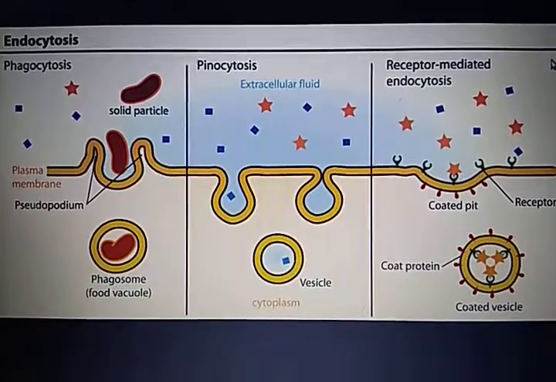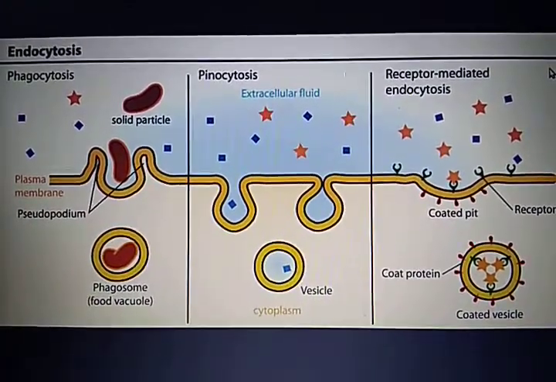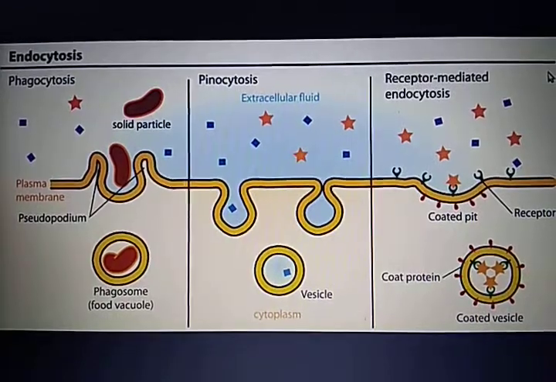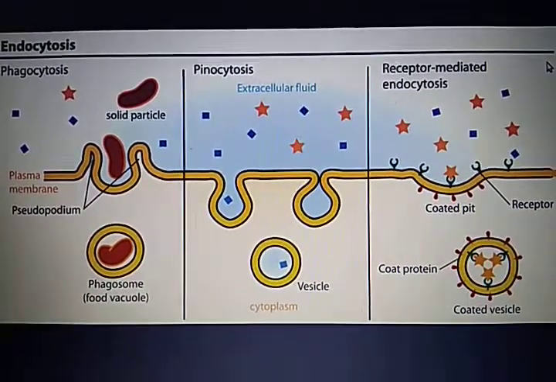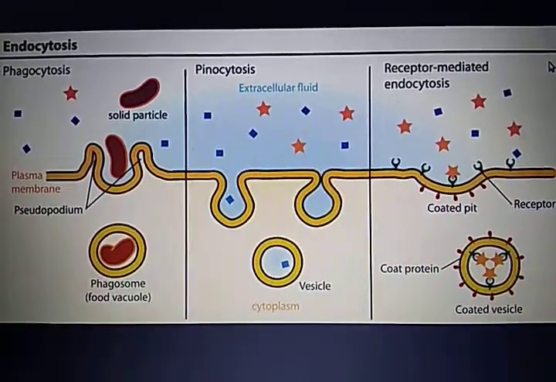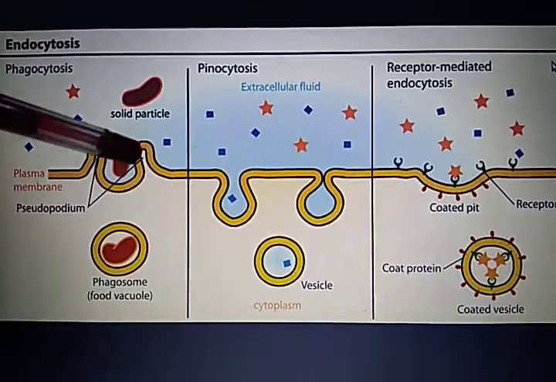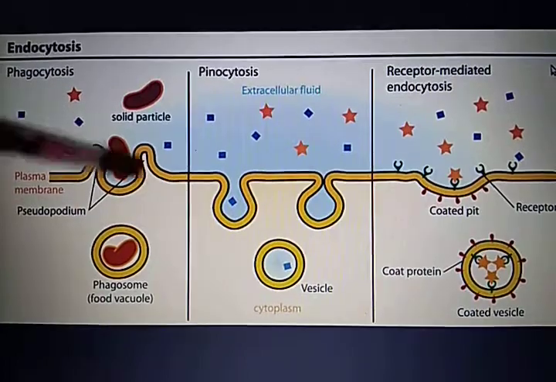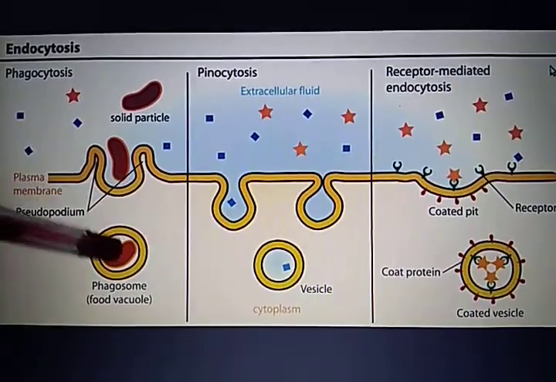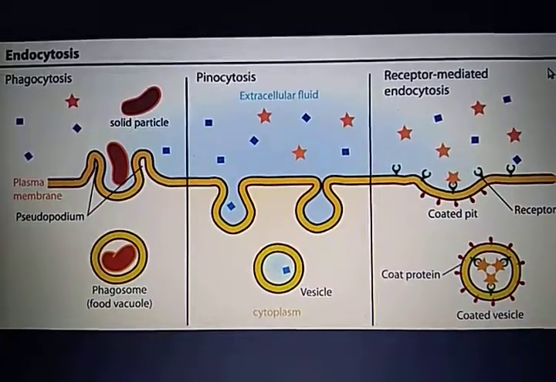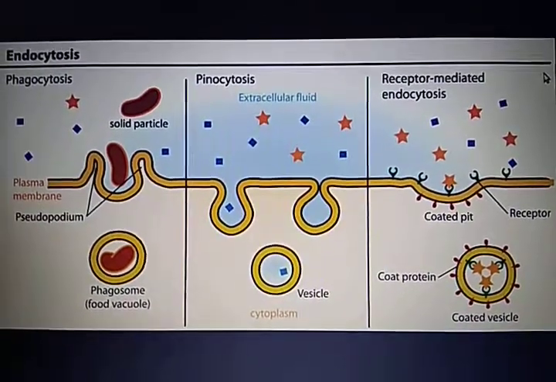So, phagocytosis is that type of endocytosis in which the plasma membrane develops pseudopodia to capture the desired substance. Consecutively, the pseudopodia fuse and form a vesicle which afterwards gets inside the cell.